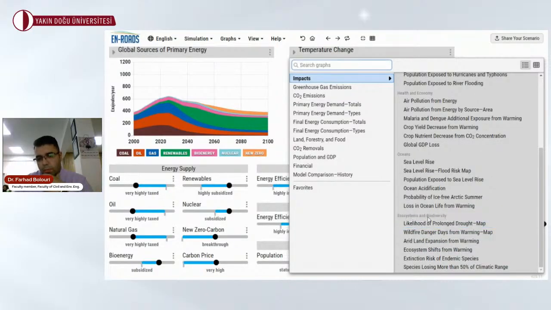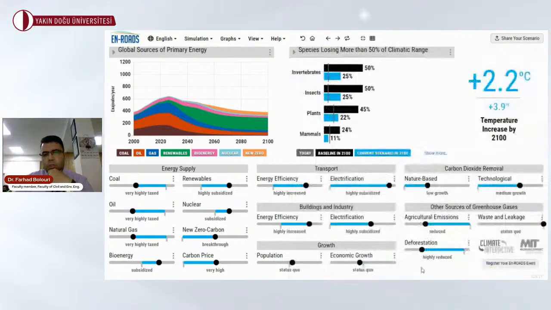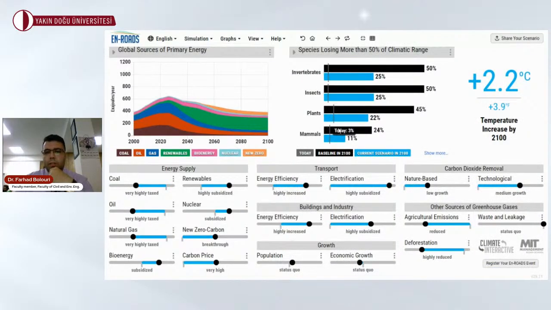Also, you have the ecosystem and biodiversity in the world. For example, you know, in the last century, we have had so many problems with species. It shows here. For example, with the baseline, baseline means we don't do any policy, we don't do anything in the countries worldwide. It comes like this.